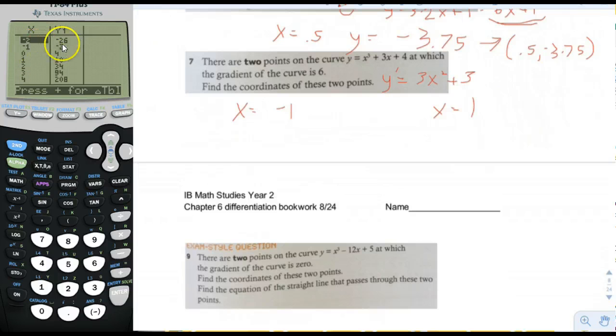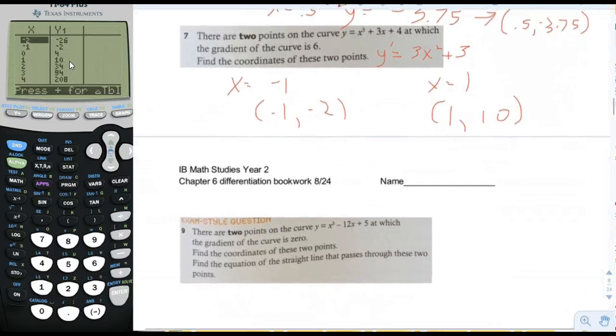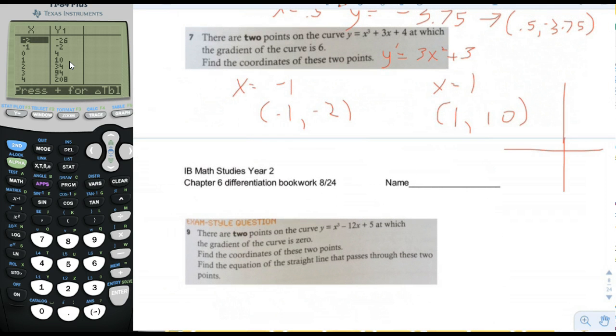And for x equals -1, it turns out to be -2. Okay, so -1 comma -2. What about for 1? For 1, it's equal to 1 comma 10. Okay, so those are the 2 points on the graph which have gradient function of 6. So for example, if you draw the original function, it looks kind of like this, right?